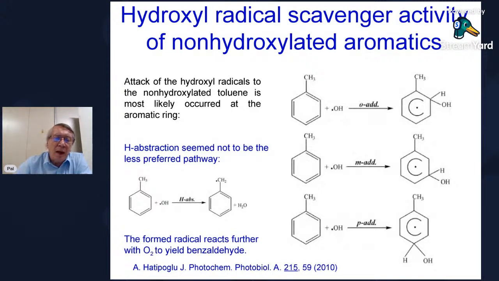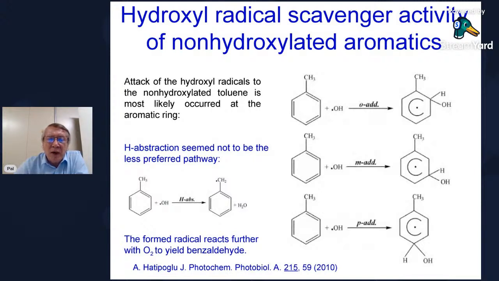If we survey the literature, we can find experimental and theoretical works discussing the reaction of hydroxyl radicals with non-hydroxylated aromatic compounds. The simplest example of this type of aromatics is toluene. When toluene reacts with hydroxyl radicals, four different pathways were taken into consideration.